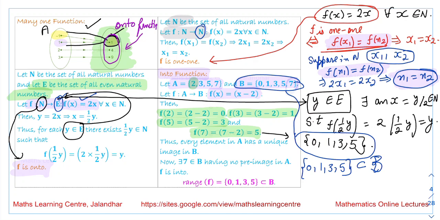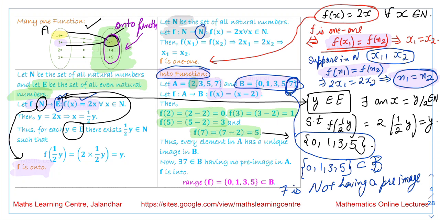It means there is an element 7 over here which does not have a pre-image. So this function is not an onto function and it is an into function.